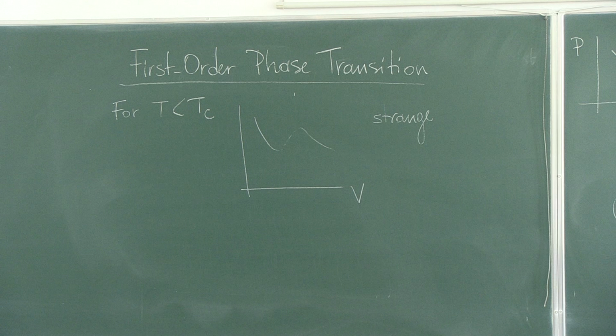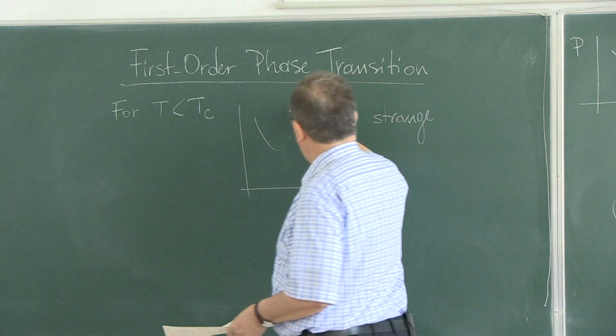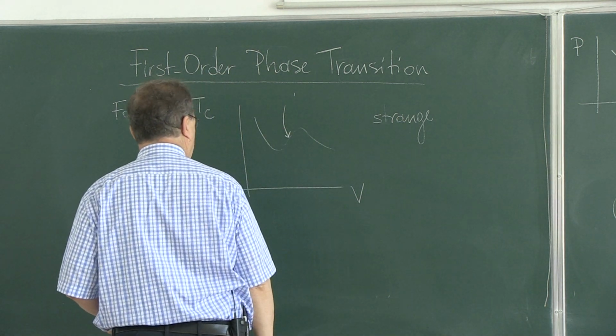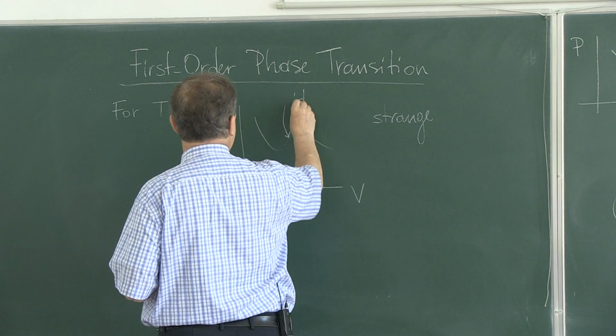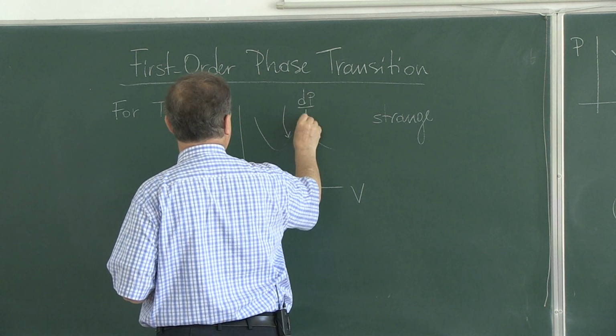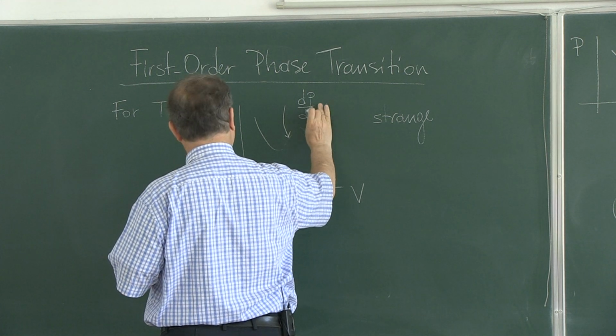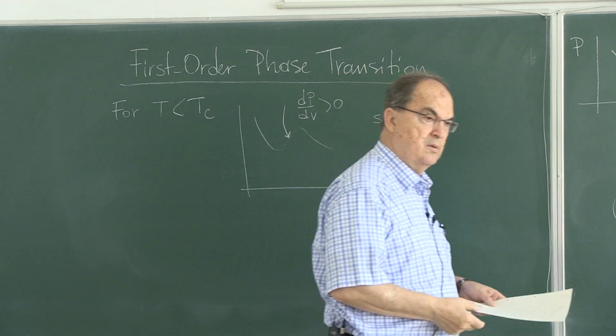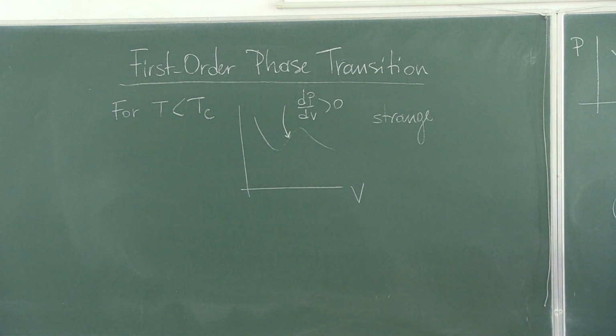Can you tell me what is strange about this? Just take a look. It is strange that we have a portion like this, because at that point, dP dV is positive, isn't it? We have a positive slope. Why is it strange to have a positive slope?